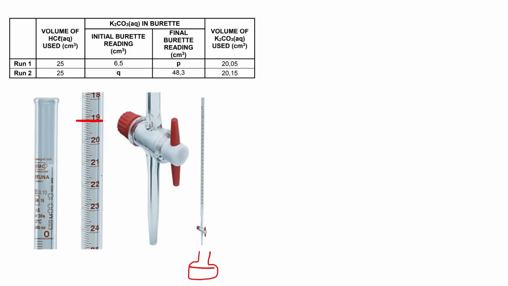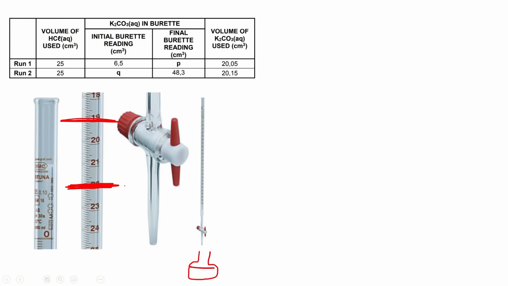Let's say when the color change happens, you are now over here. Your liquid has gone all the way from up here, and as you poured the liquid into this flask, the volume in the burette became less, so the level went down, down, down, and maybe it's now here at 22.